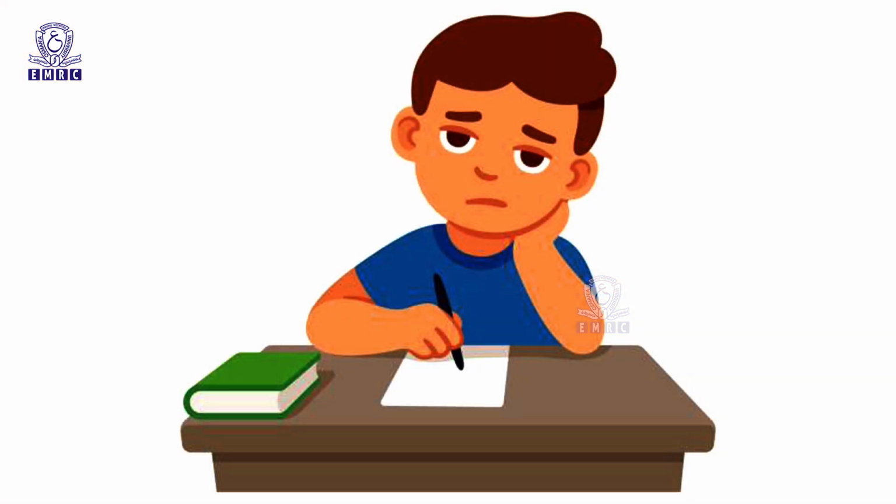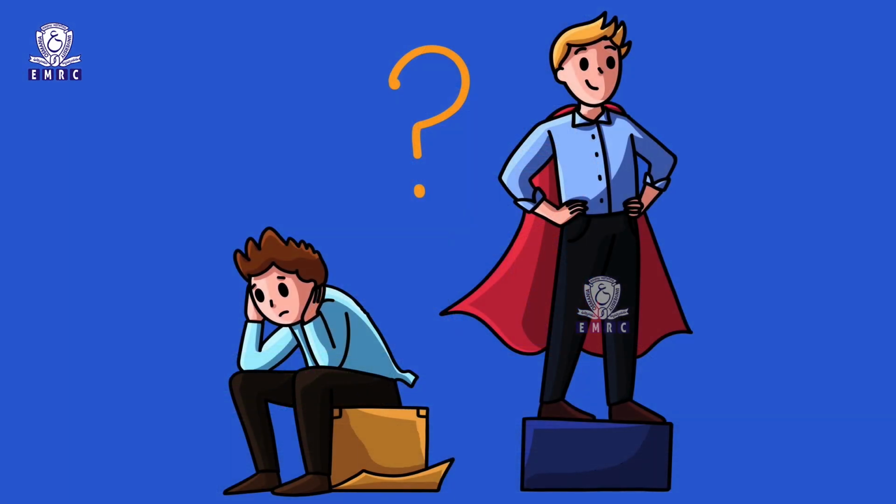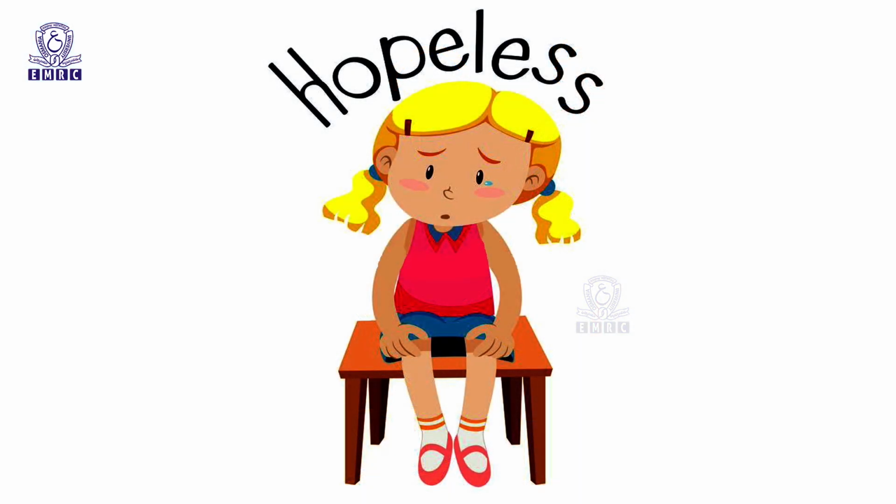Those students who attribute failure to low ability and believe ability is fixed, that nothing can be done to increase this ability, are likely to become depressed, apathetic and helpless. Sometimes they even become very hopeless because they feel there is nothing much to do in order to bring about a change in their performance.